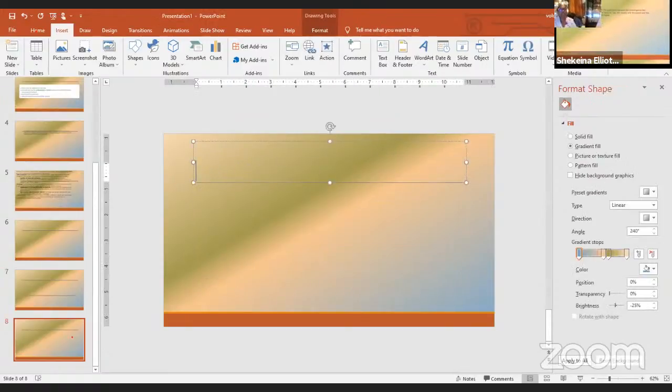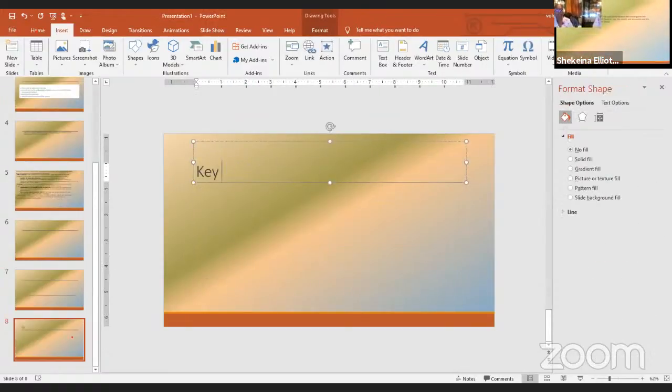So you have keywords, and it must be italicized. So keywords, colon, sorry. And I put play. I think this is one, and it must be italicized.